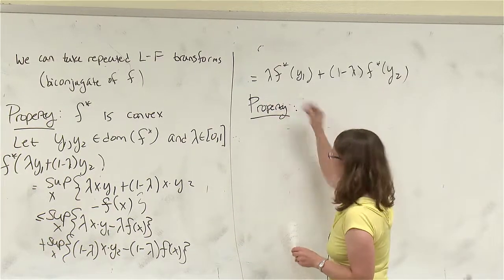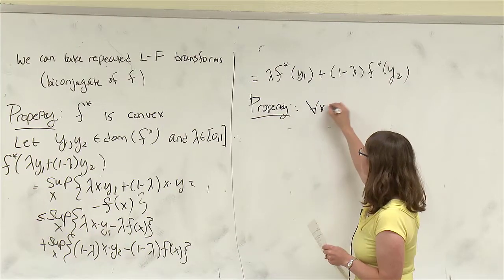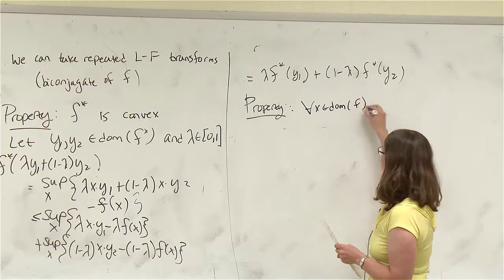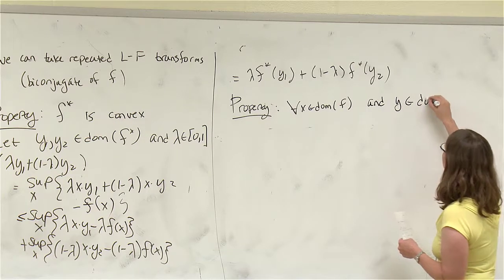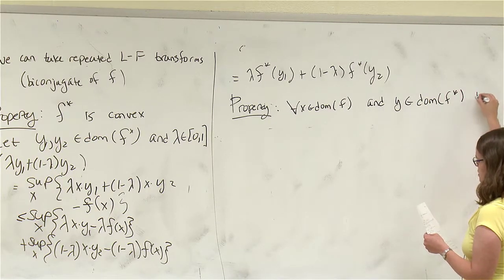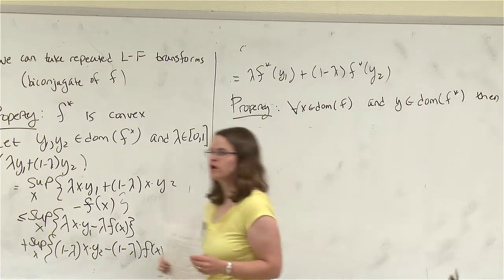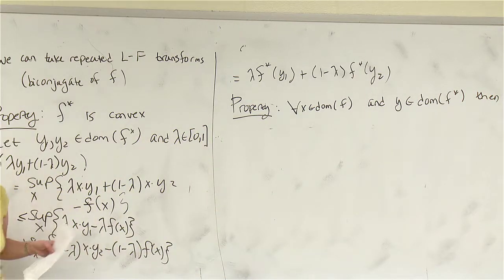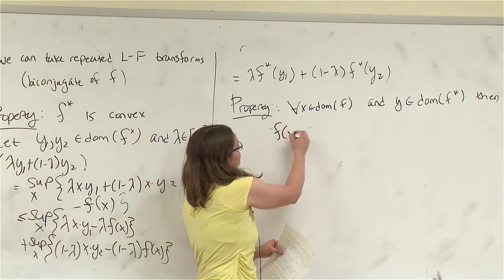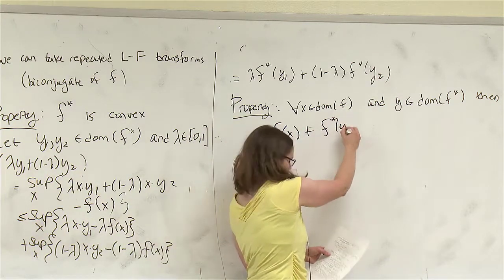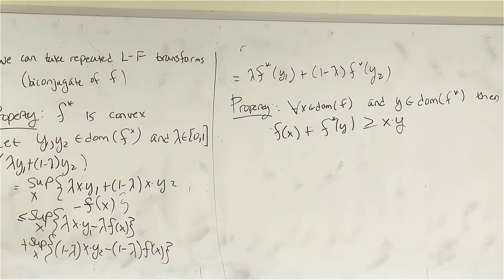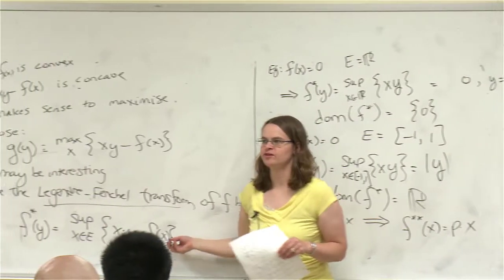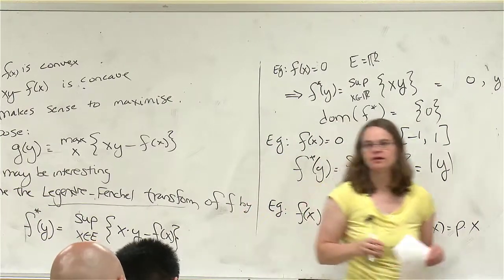Property: if x is in the domain of f, and y is in the domain of f star, then two things. We've got an inequality, and we've got conditions that make it tight. First of all, f of x plus f star of y is always greater than or equal to x dot y. There's nothing to prove there. That pops immediately out of this definition. So what's interesting is when we get equality.